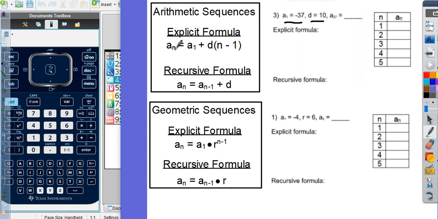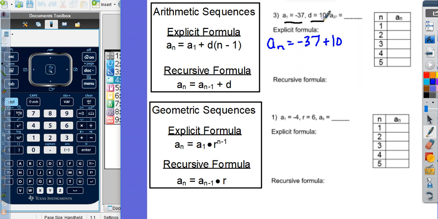So I'm going to take my formula right here, go a sub n equals, and then my a1, I'm just going to plug in the a1 that they gave to me. So we got negative 37, and then plus 10.